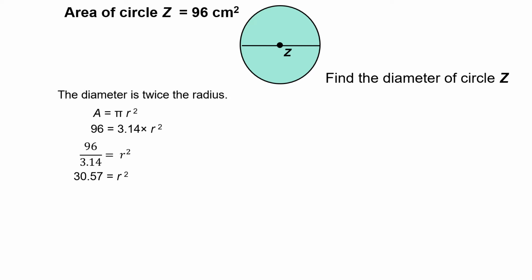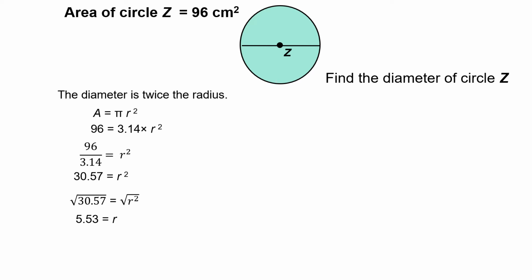What do you think we are going to do next? That's right. We are going to find the square root of both sides of our equation. So it would be the square root of 30.57 equals the square root of r squared, which when simplified gives us 5.53 equals r.